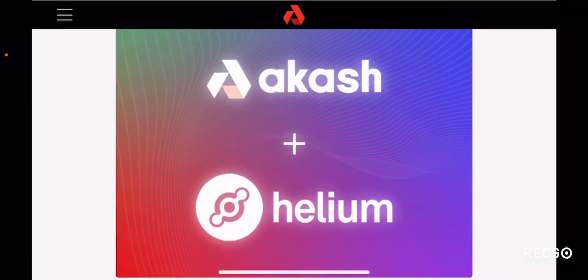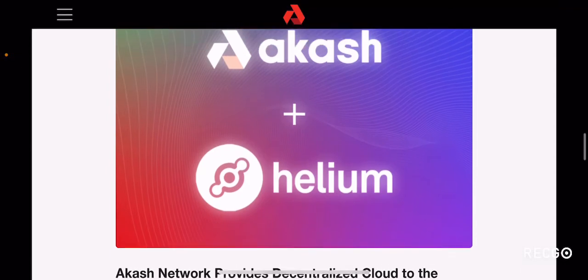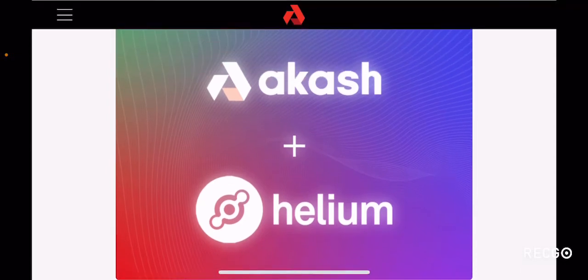So Akash has partnered with Helium, which is also a project that relies on a device to mine or mint tokens, and Helium is a very popular project that has seen a number of its miners or cloud-based devices bought by people in large volumes, and that serves as one of the main sources of income for some people, especially in the United States as well as in Europe.